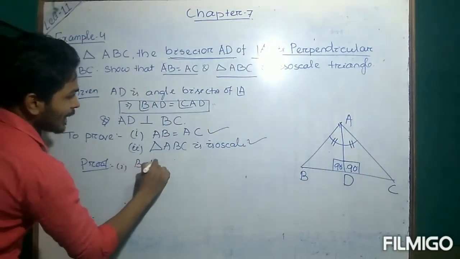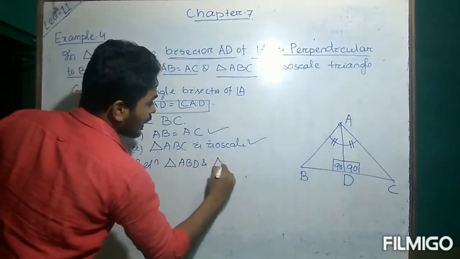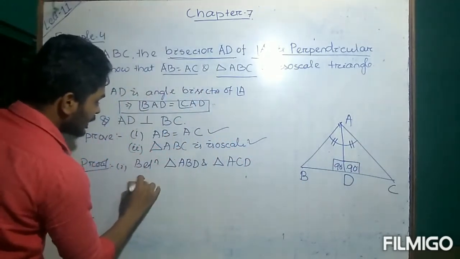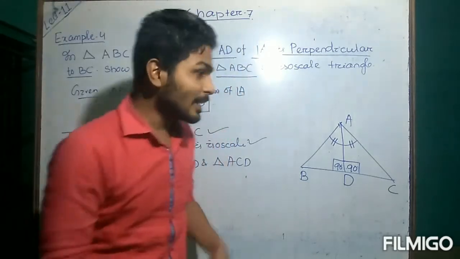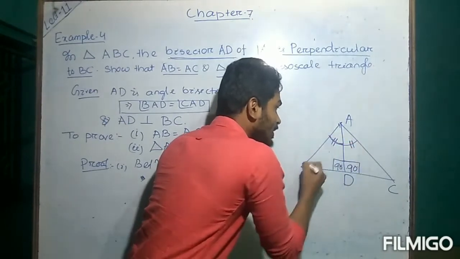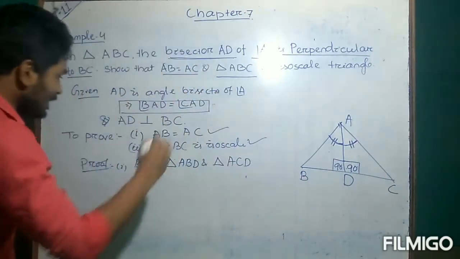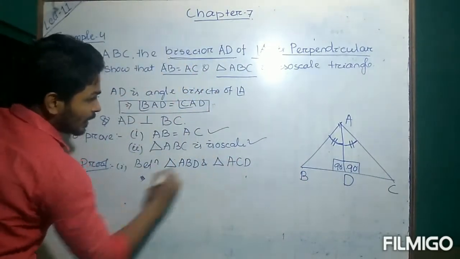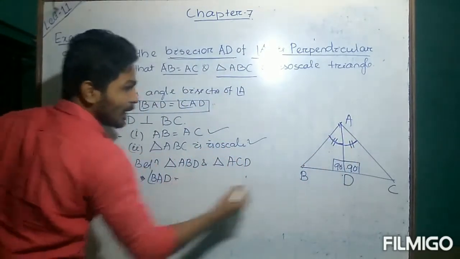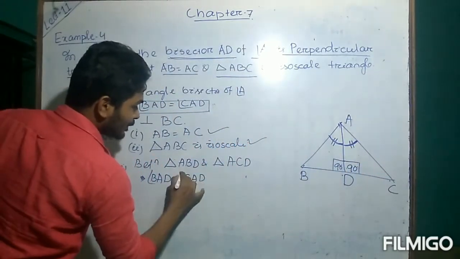Between triangle ABD and triangle ACD, what are the conditions? Since it is given that AD is the angle bisector, we can write that this angle of triangle ABD is equal to this angle of triangle ACD. So angle BAD is equal to angle CAD. Why?